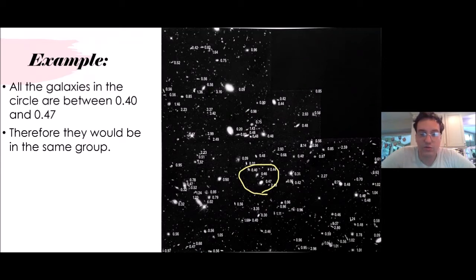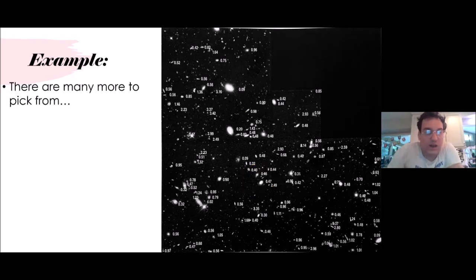That would be representing a grouping, and therefore they would be considered in the same group, about the same place in the universe, because they're about the same distance away from us. Then also in the X and Y, they're close to the same area, so that would represent the same group. There are many more to pick from, so you don't necessarily have to pick that one.